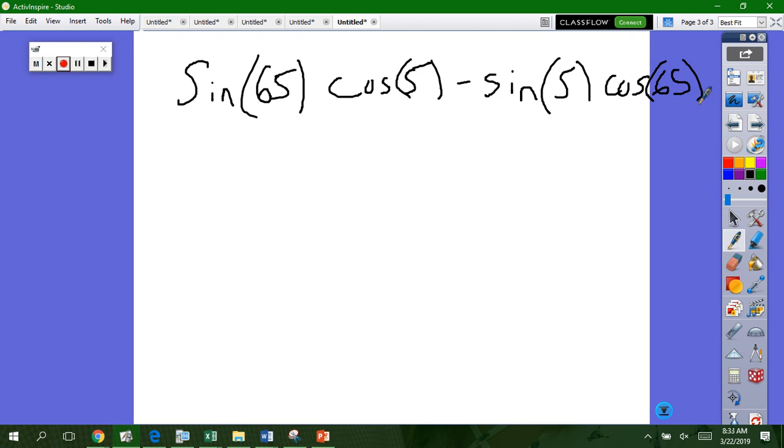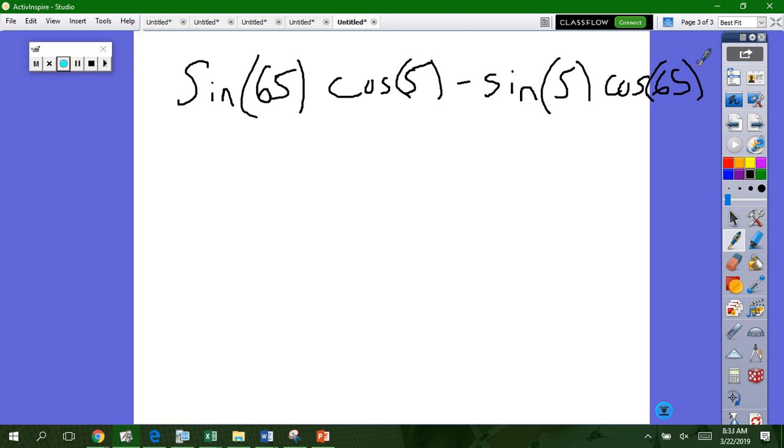So this time I give you a formula and I want the exact value of it. Do you guys know what the sine of 65 is? But if you'll notice, this is the difference of sine. Because notice it goes sine u cosine v minus sine v cosine u. So it's using the formula.